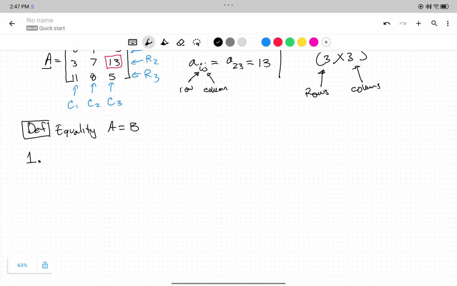It has to have the same size, right? They both have to have the same size, which means the dimensions. Okay, number 2. It has to have the same things inside, the same numbers. We said they're called entries. So corresponding entries are equal.